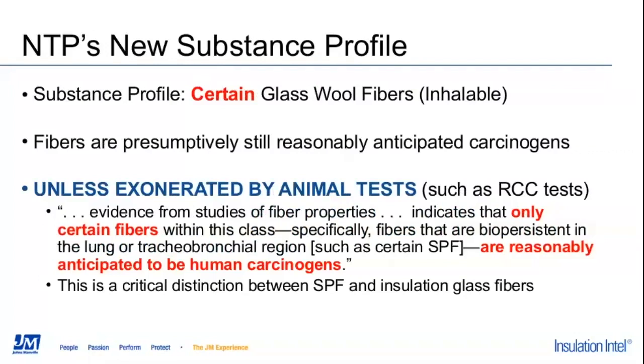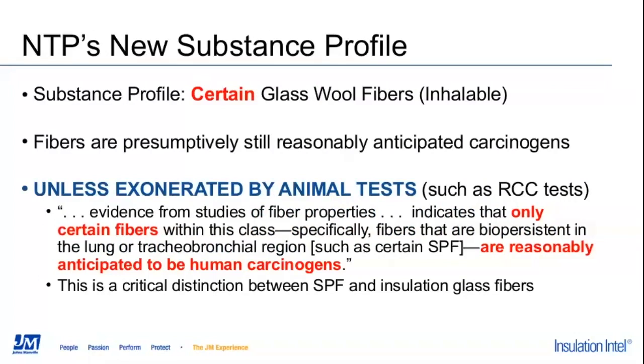IARC, when they reclassified fiberglass in 2001, basically said insulation glass wools and mineral wools are no longer a potential cancer hazard. NTP came at it from a different route, really.